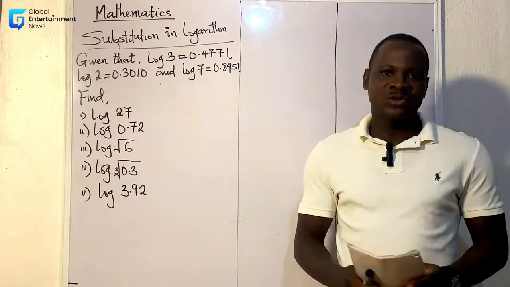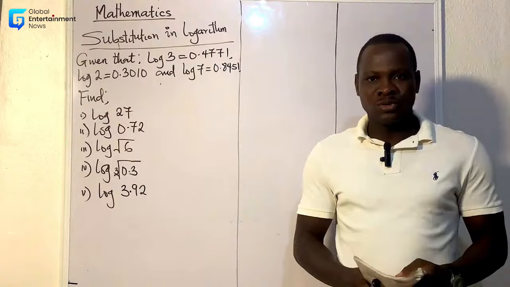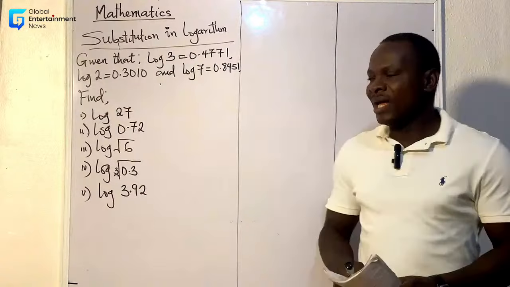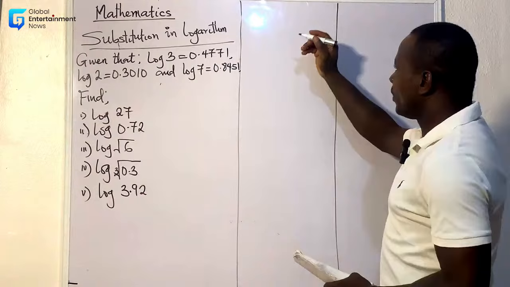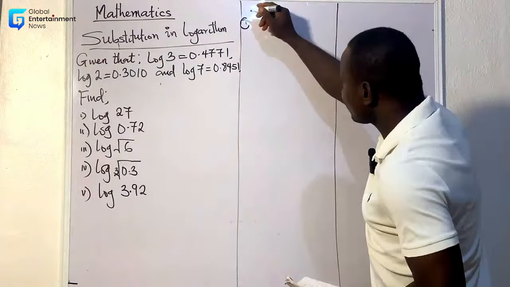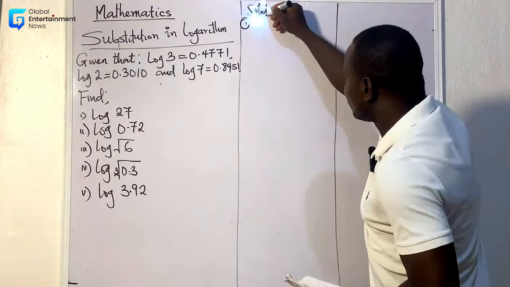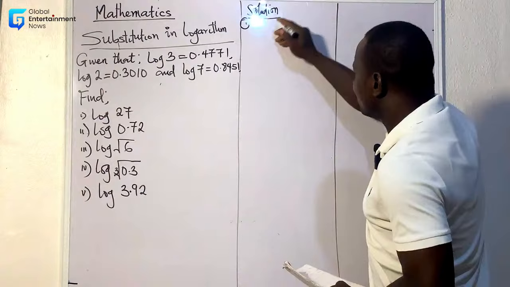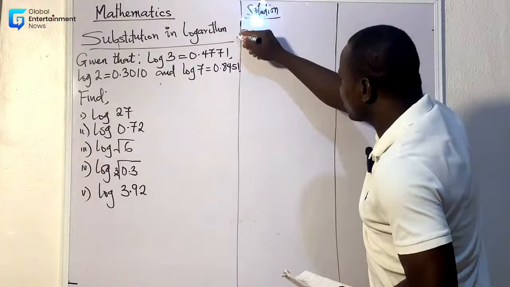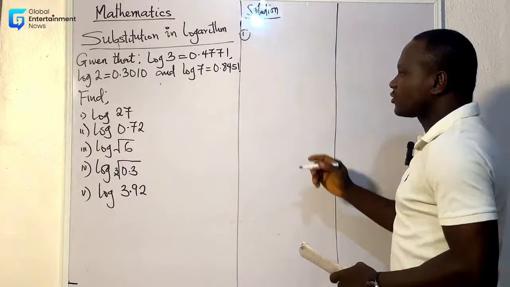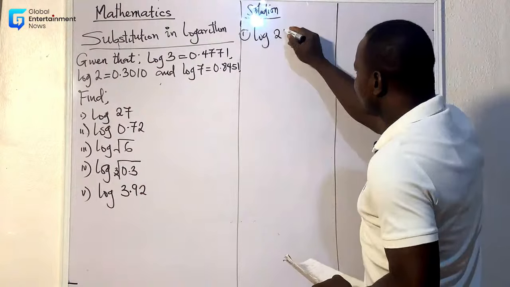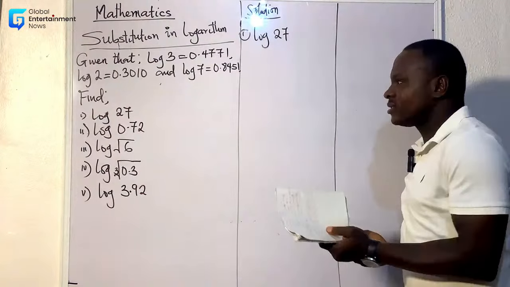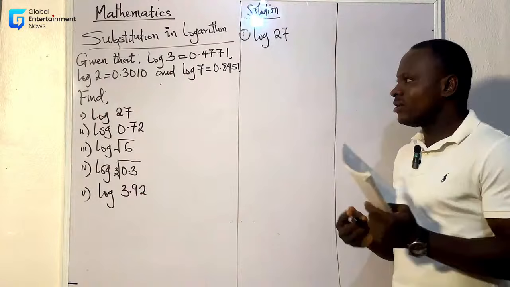I believe you are with me. I want you to take your pen, take your book, and write down something. Now let's begin. The first question, we're asked to find log 27. How do we find log 27?